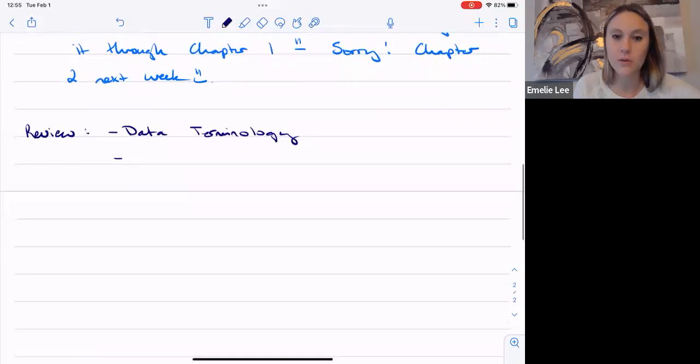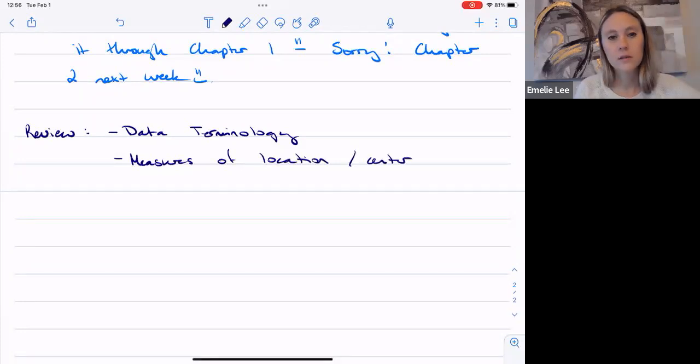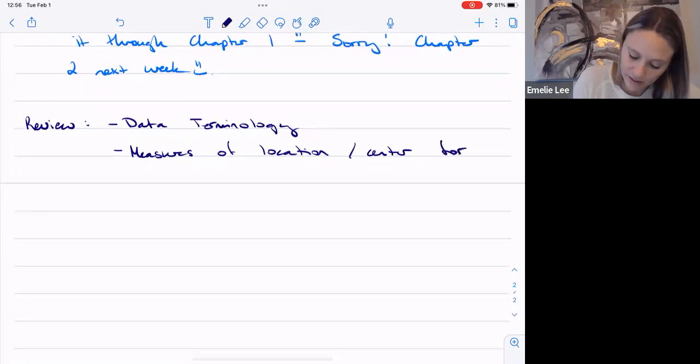And we talked about measures of location, which we typically call measures of center. So measures of location or center, things like the mean, the median, not really the mode for numerical data.